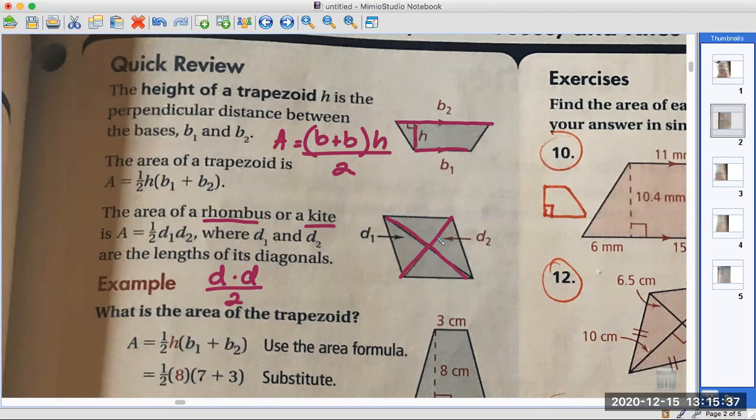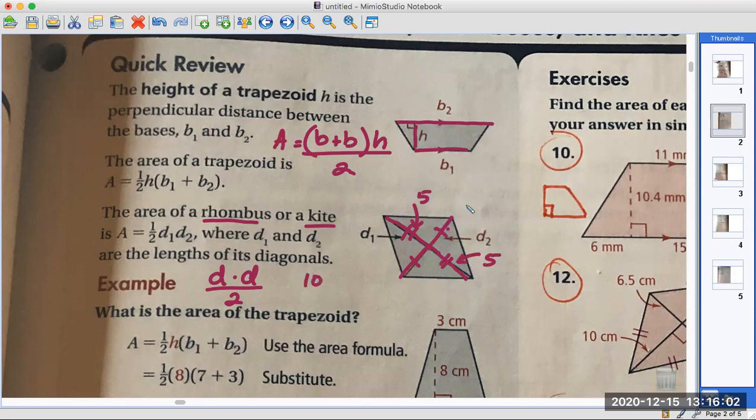If it's a rhombus, the two parts here are equal. Like this is equal to that, and this is equal to that. So if they give you one part, let's say this is 5, you have to do it twice. So that would be another 5. So that would make the one diagonal 10.